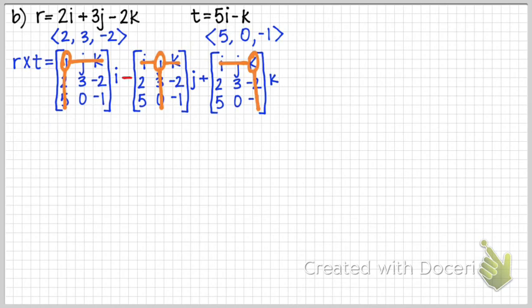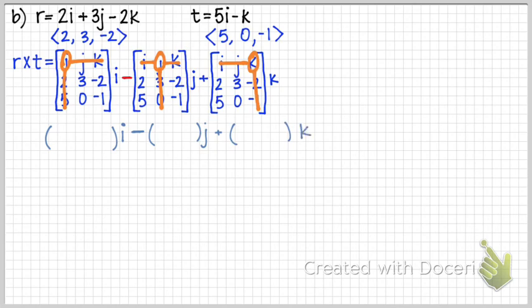Oopsies, didn't mean to keep you fat. There we go. So we have some junk i for that determinant. Well, remember there's a minus sign there. Some junk j plus our determinant. Okay, cool.